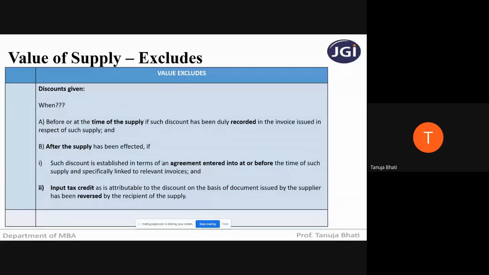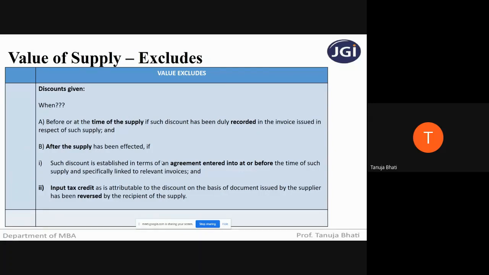The agreement was entered before making the supply that if you purchase suppose x number of goods from me throughout the year, at the year end I will give you certain amount of discount. So the entire year the supply was made, but the discount is given at the year end, so it is after the supply, but this discount was already decided, means already discussed by the supplier and recipient before the supply happened.